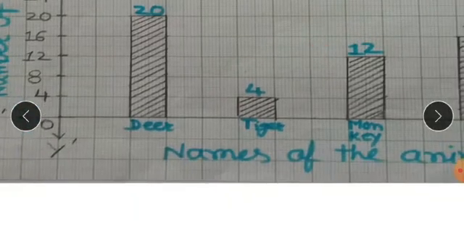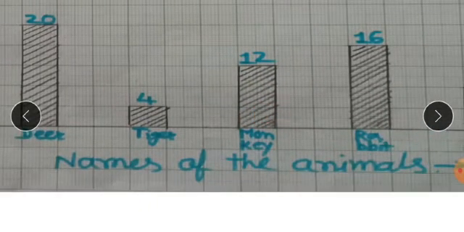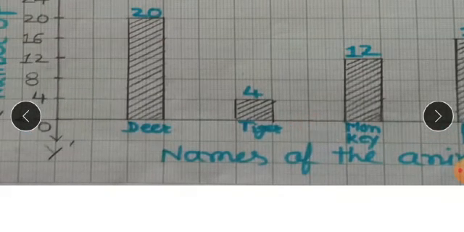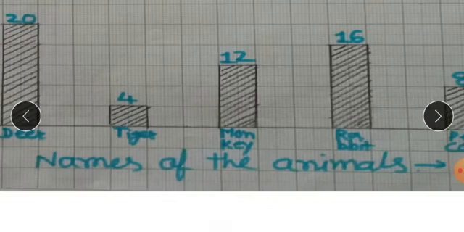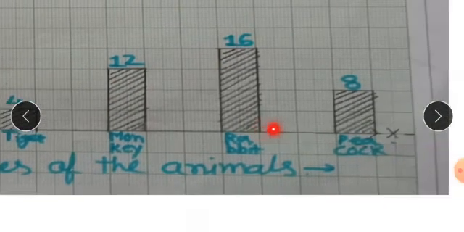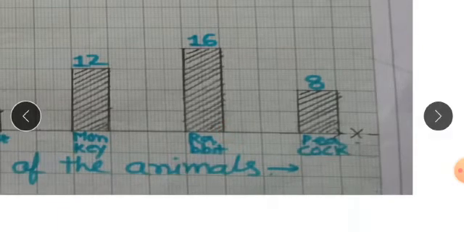Second one, tigers are only 4 in number. Therefore this column has the least height. Then monkeys are 12 in number, therefore this column is of height equal to 12 units. And then rabbits are 16 in number and therefore the height of this column is equal to 16 units.